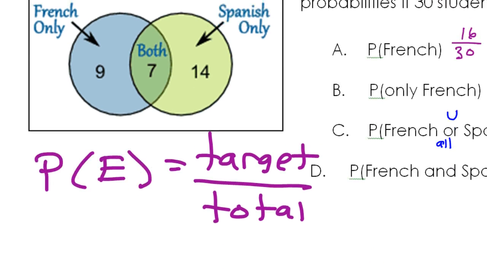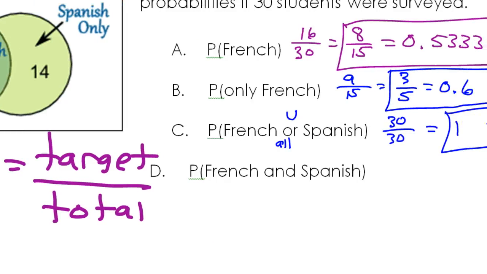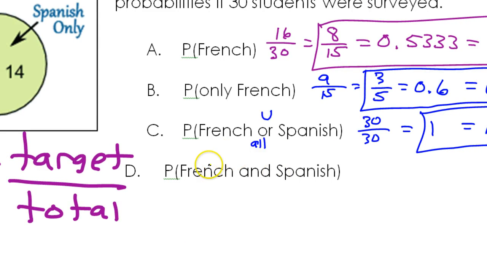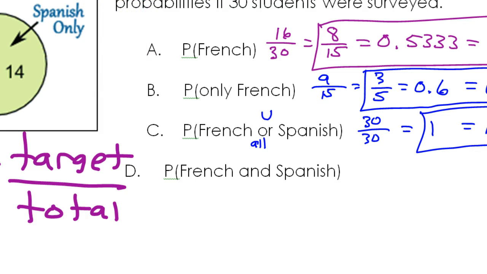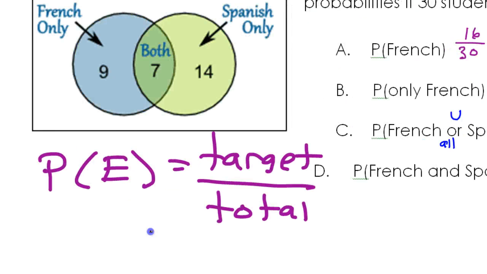Anyway, last one. What's the probability of picking a student that speaks French and Spanish? Target over total. French and Spanish, we're talking about the intersection now, the overlap.